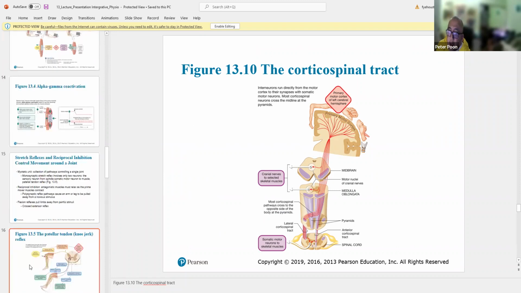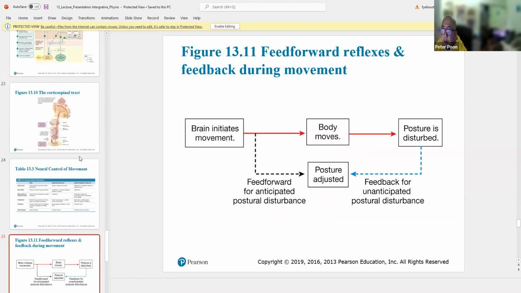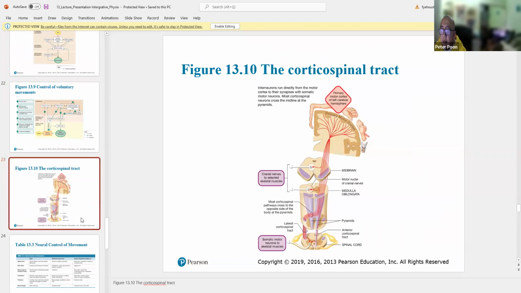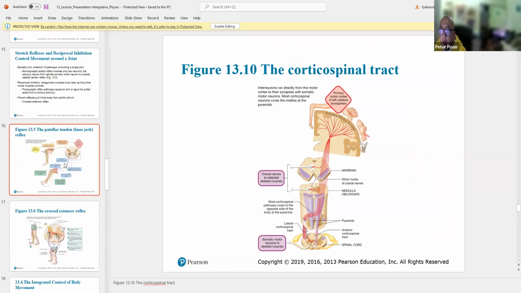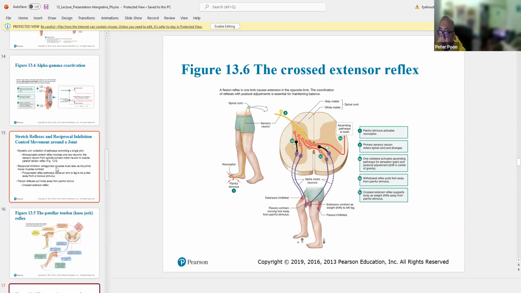And the monosynaptic reflex, the polysynaptic reflex, the stretch receptor reflex, and there's one more, the cross extensor reflex. So you're responsible for all of those things. That's it. Short, sweet, to the point.